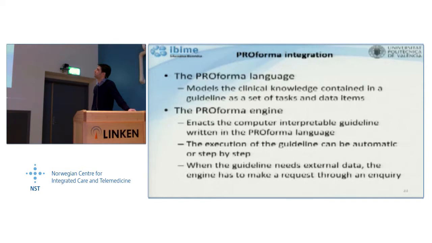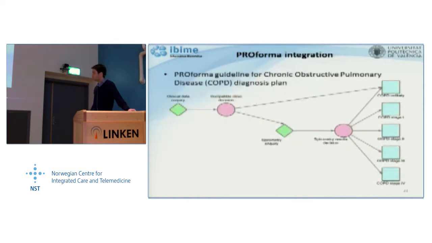Next, please. This is a simple example of a chronic obstructive pulmonary disease plan, defined in the Proforma language and executed with a Proforma engine. Here, the diamond nodes represent the data inquiries, the circular nodes represent the decisions made in the guideline, and the square nodes represent the actions taken and suggested to the user of the guideline.